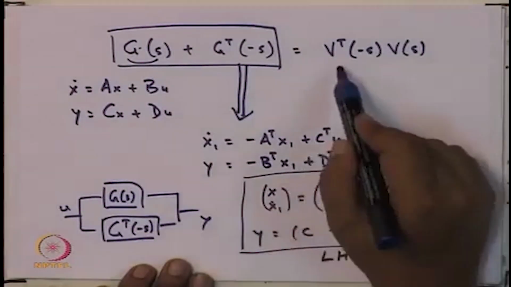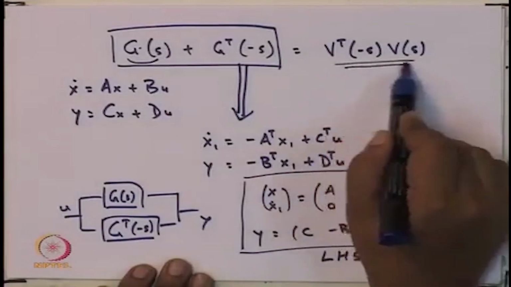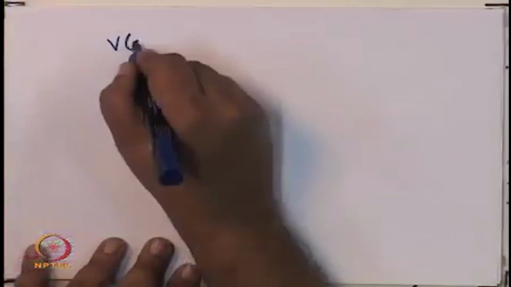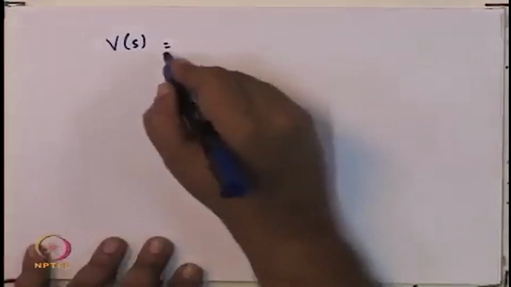Now, in the same way, let us consider a minimal state representation for the right hand side. In order to construct it, let us assume a state representation for V of s.